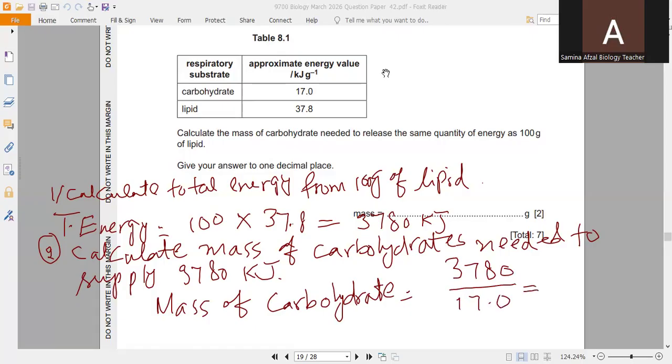The answer will be 222.4 gram, if you calculate it by yourself. So that was all about question number 7 and 8.